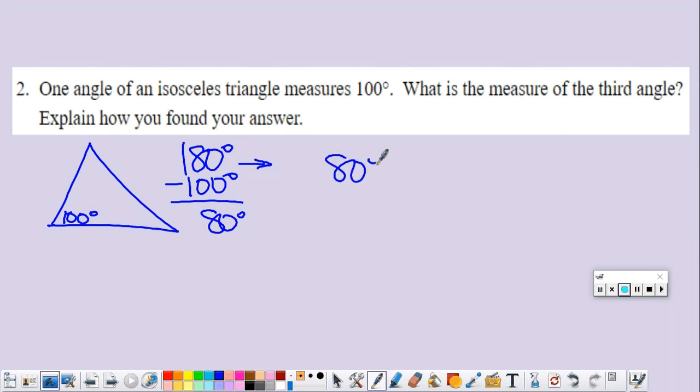Why would you divide 80 by 2? Oh, because we know that an isosceles triangle is what? Two angles and two sides are the same. Very good. So we know that these two angles right here, here and here, have to be the same. So we divide it by 2 to give us how much? 40 degrees. So each one of those angle measurements is 40 degrees.